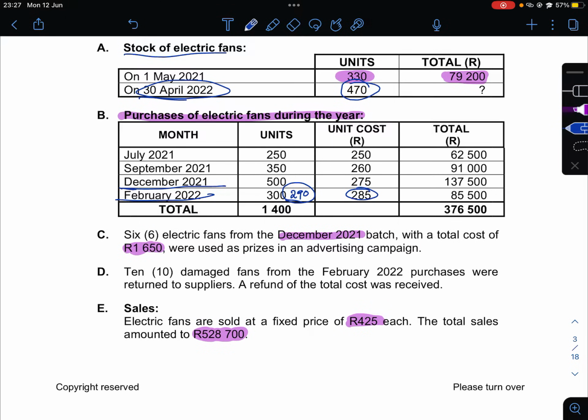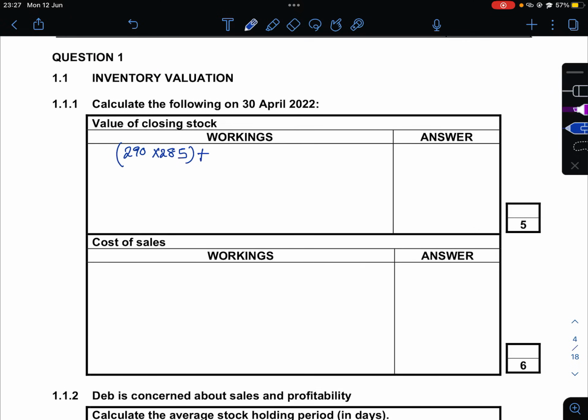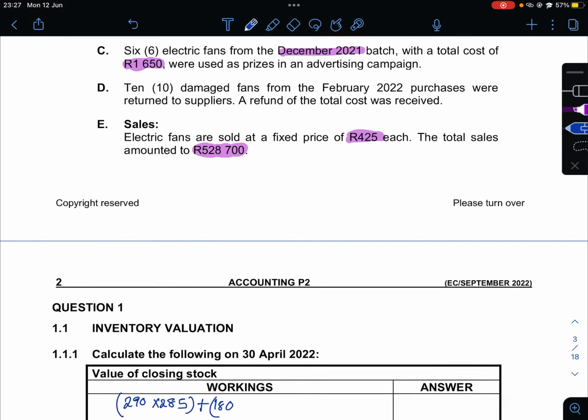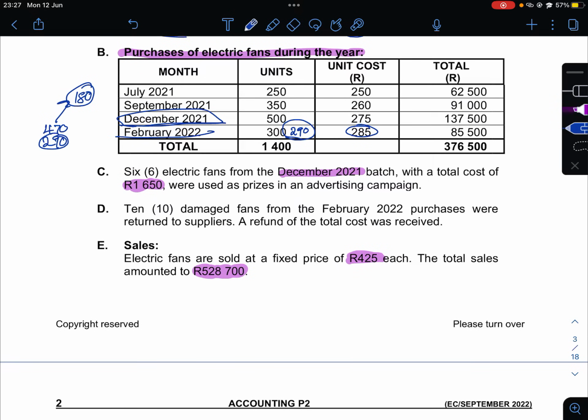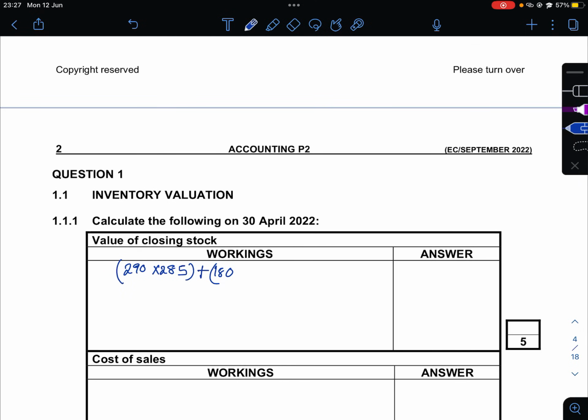If we have 290 and our stock has to make 470, that means 180 units come from December 2021. So you have 180, and the unit price in December was 275, times 275.